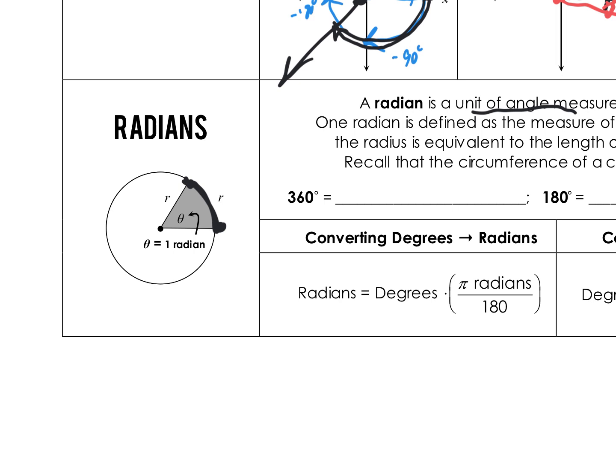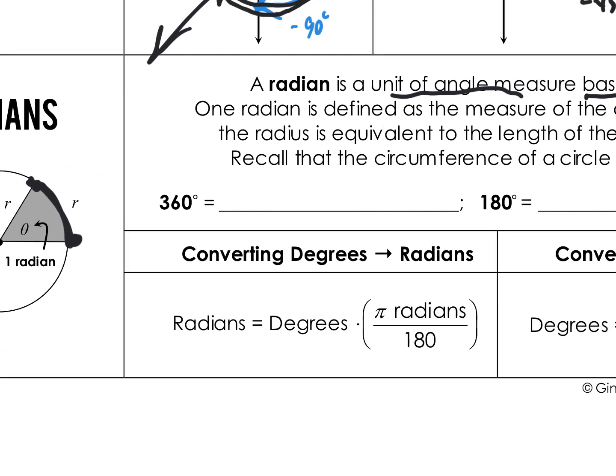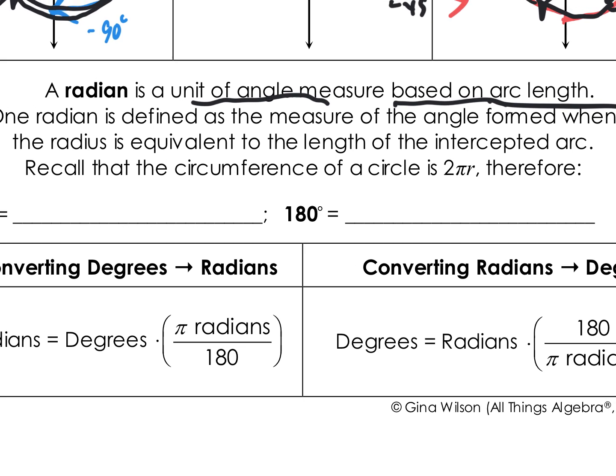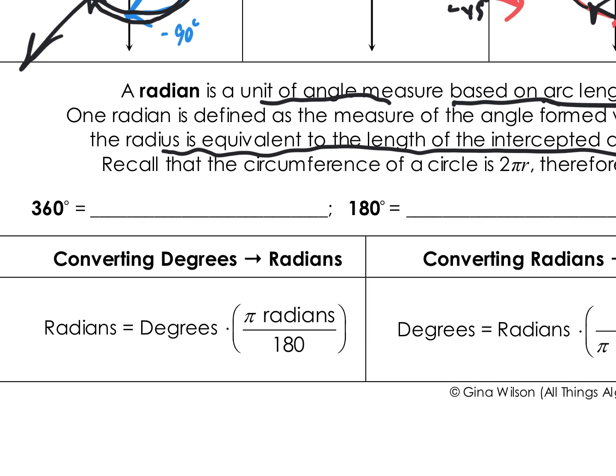That distance on a circle is an arc length. And that is true. Radians have to do with arc lengths. And so what we have learned, let's see what else he said. One rotation is defined as a measure of the angle formed when the radius is equivalent to the arc length of the intercepted circle. All right.